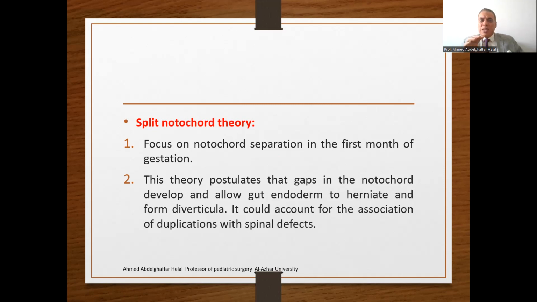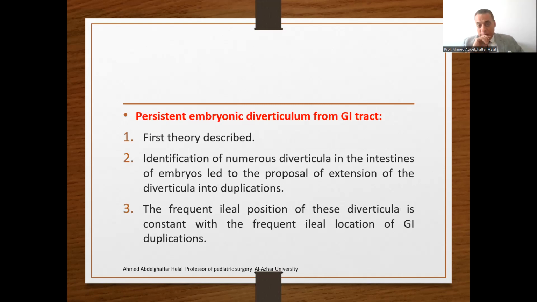So there is maybe a splitting in this notochord. There is maybe communication between the gut endoderm and herniation and formation of the diverticula. This is one theory trying to explain this gastrointestinal tract duplication.